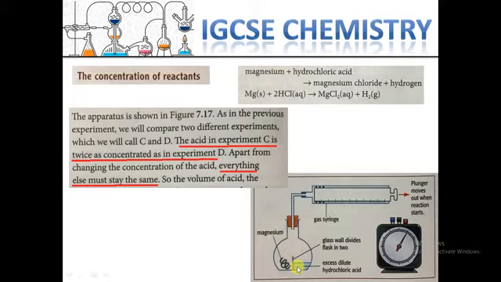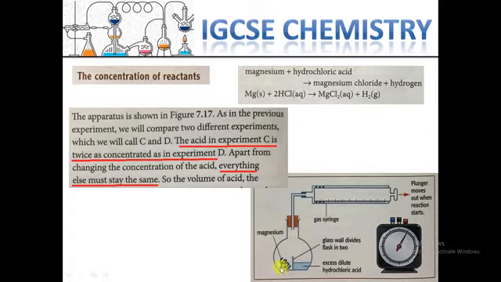Then for hydrochloric acid, we use more hydrochloric acid in sample C, and we use less hydrochloric acid because it's a solution.